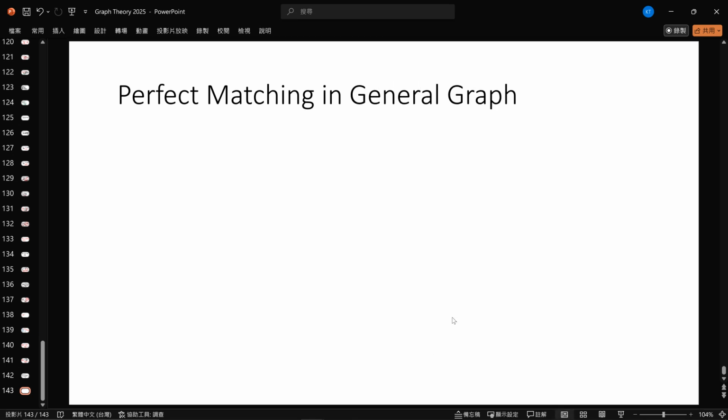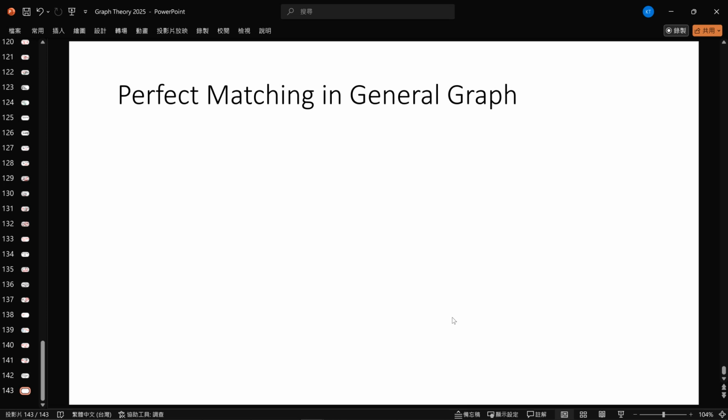I won't give you an algorithm to compute a perfect matching, because you can use a maximum matching algorithm on general graphs to compute a perfect matching, if it exists.